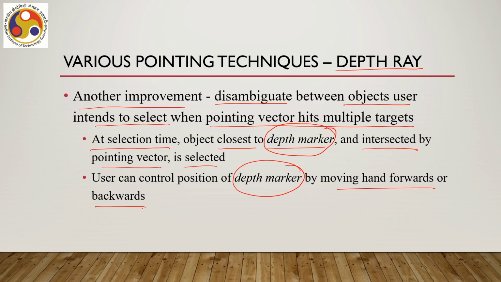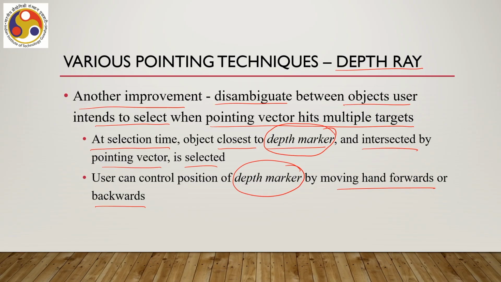So, essentially it is an indirect way of indicating to the system that the object I want to select is closest to the marker that is positioned around the set of objects, and based on that depth marker position the object is selected. So, in the depth ray technique we use an additional aid along with the ray that is cast, which is called the depth marker.